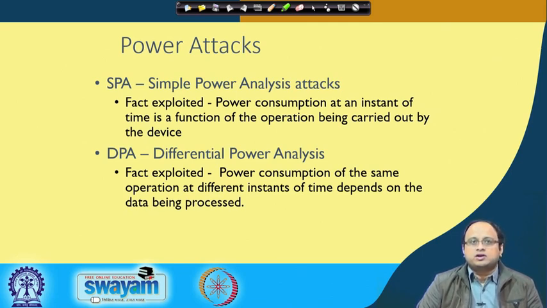On the contrary, you have an even more powerful adversary, called the differential power attack, where the fact exploited is that power consumed depends upon the underlying data. So even if you protect your designs against simple power attacks, or SPA, by always doing the same operations, DPA can still work, because it depends on the data on which the operations are being done.